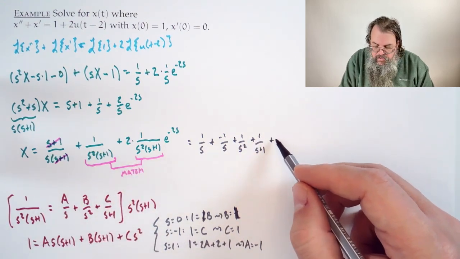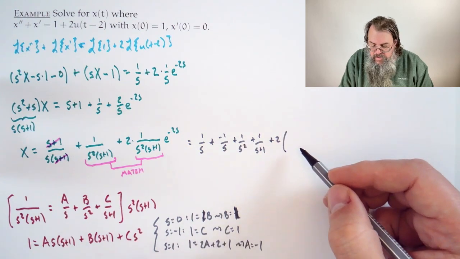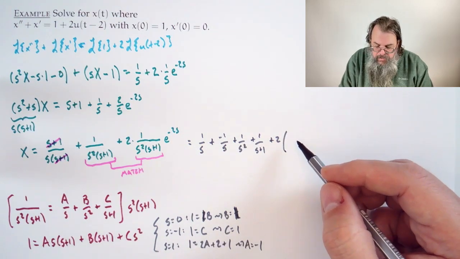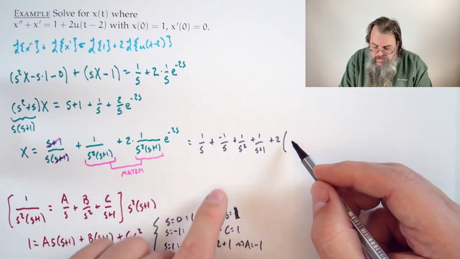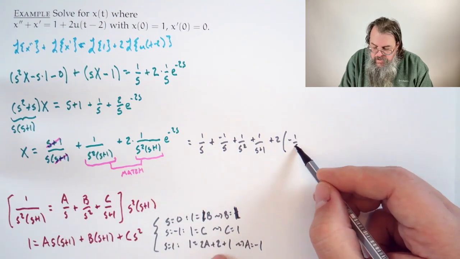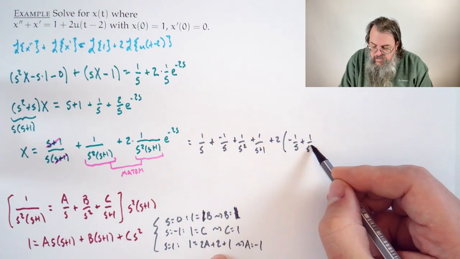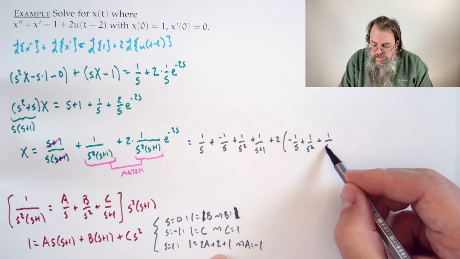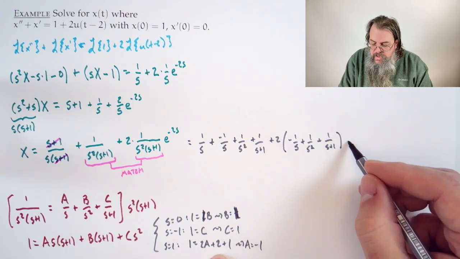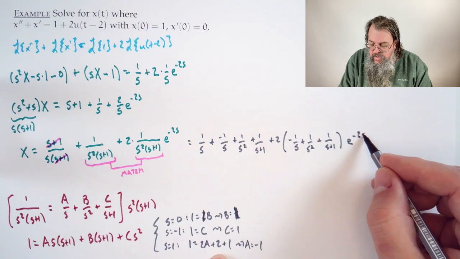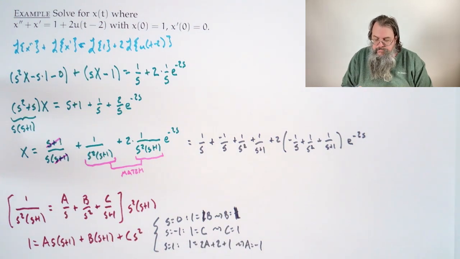Then there's a plus 2 times, and then it's the same thing. I can just copy it here, right? Minus 1 over s, plus 1 over s squared, plus 1 over s plus 1, e to the minus 2s. All right. Good.